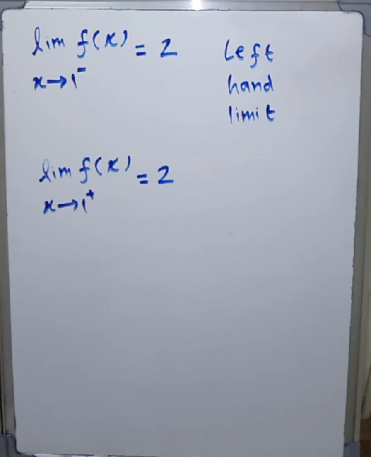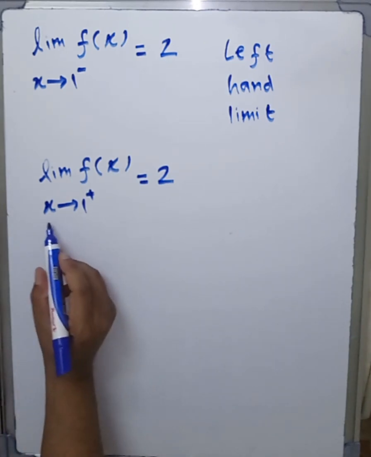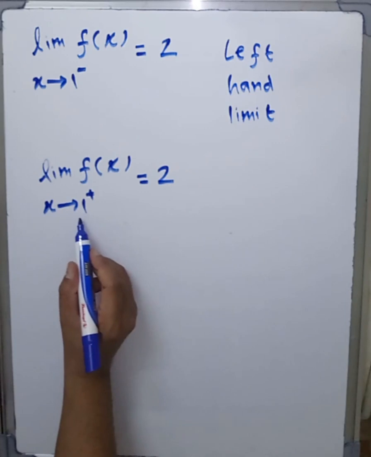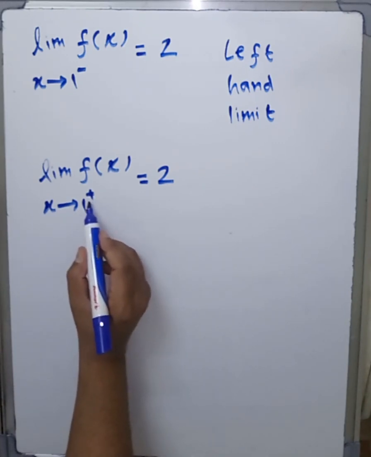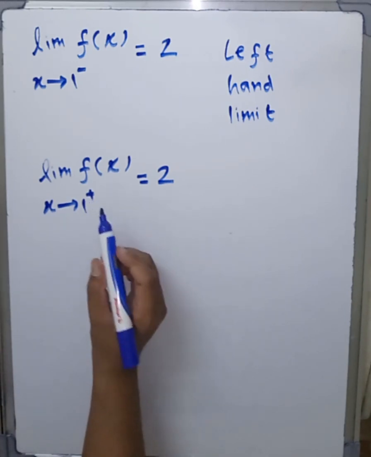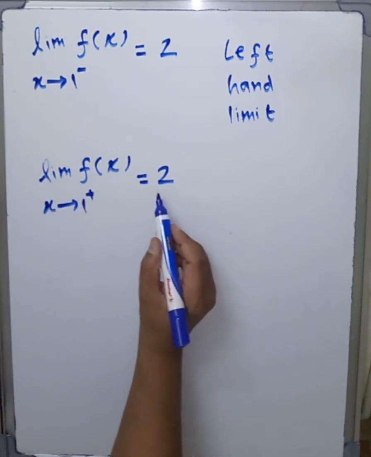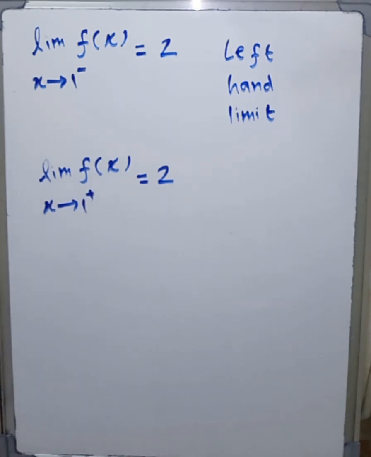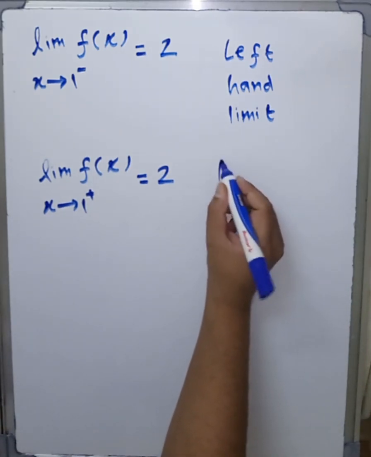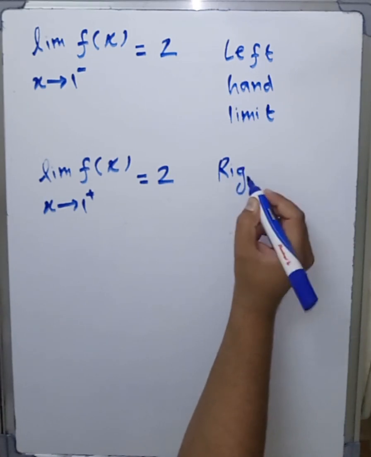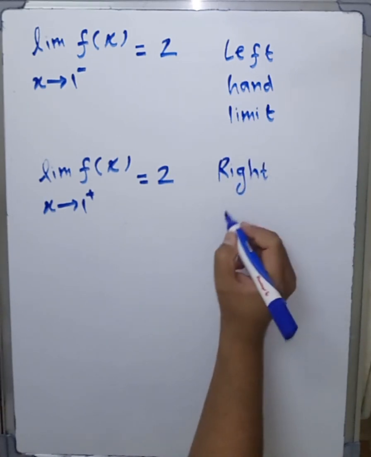The meaning is, as x approaches 1 from the right side, the values of the function f(x) approach 2. This limit is called the right hand limit.